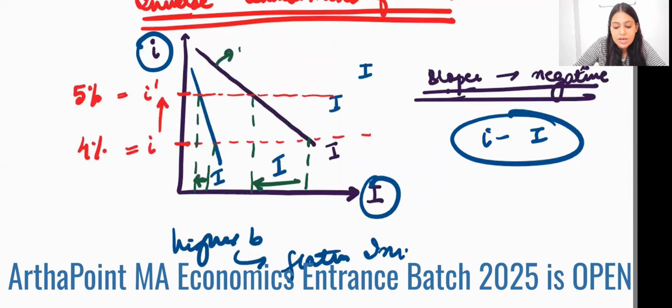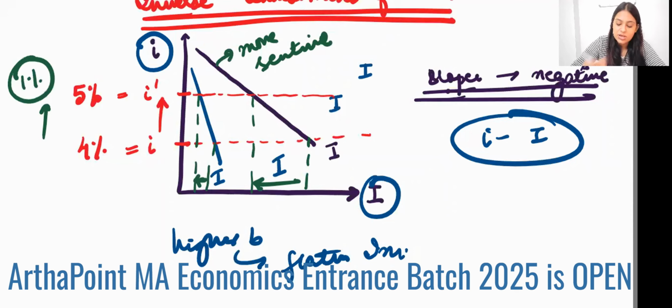So here I am being more sensitive. The moment you increased interest rate by 1%, the decrease in investment went by a huge amount when my investment curve was flatter. So the flatter the investment curve, actually in the inverse space, the more sensitive I am to changes in the interest rate.